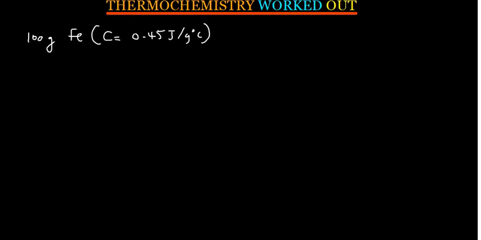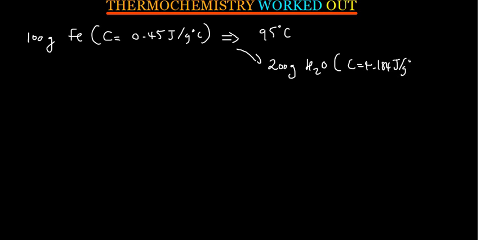This iron is at 95 degrees Celsius. You now place it in 200 grams of water. We know the specific heat capacity is 4.184 joule per gram degree Celsius. And let's say the water is at room temperature, 25 degrees Celsius.